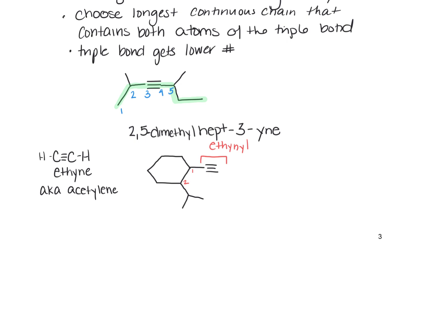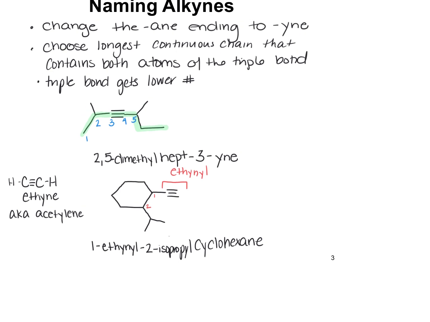So when we go to name this, we would use the cyclohexane as the base name. That's cyclohexane. And then what we would do is we would say, all right, we have 1-ethynyl-2-isopropylcyclohexane. So I wanted to point that out.